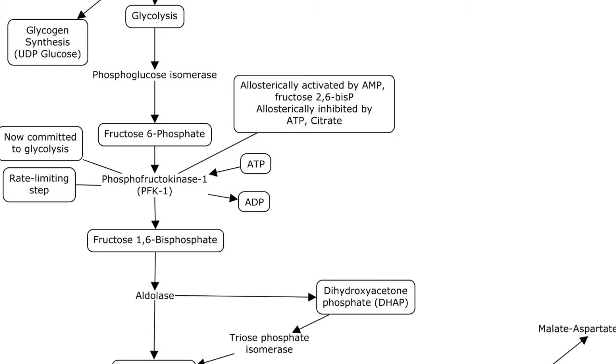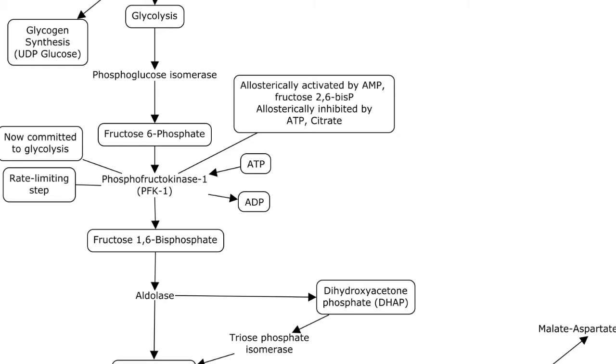Now the next enzyme, you see a lot of stuff going on here. That's going to be phosphofructokinase 1 or PFK1. Again, we're going to take a phosphate group from an ATP, which is going to give us ADP as one of our products. Once this product is formed, this fructose 1,6-bisphosphate, the substrate is now committed to glycolysis.